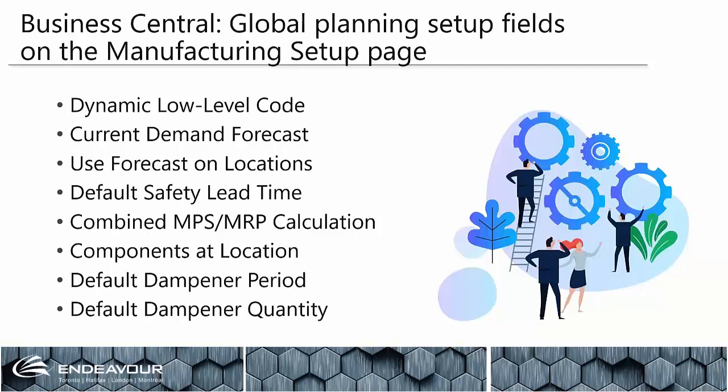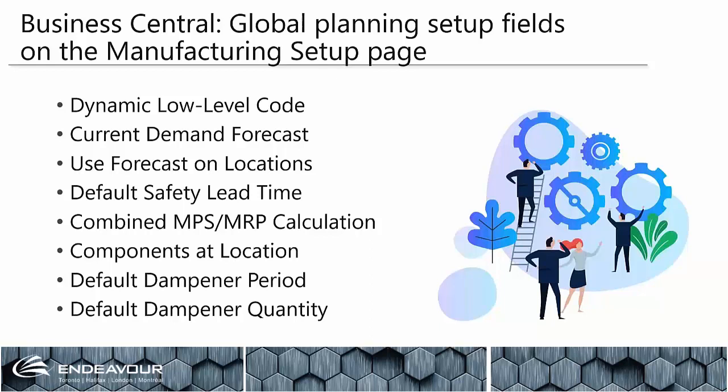Another field is the components allocation. You can use this field to tell the system if you have multiple locations or multiple warehouses. Actually, I should probably side note, we use the term location in Business Central as a warehouse. So whenever I say location, it's basically a warehouse.